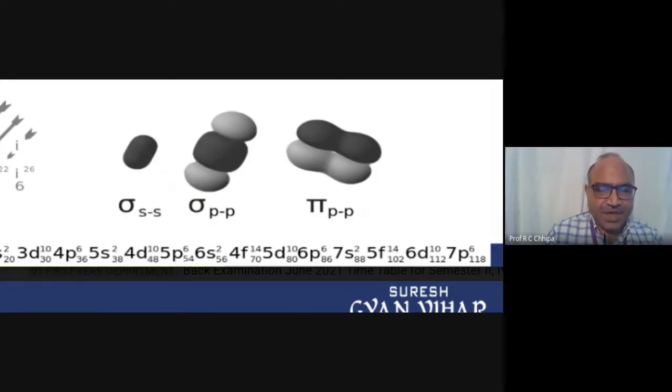The px, py, pz. In PP, one electron from one atom and one electron from another atom give the sigma bonding because of the PP overlapping. The sigma is also concerned in the SS overlap. SS overlapping is simple, spherical.